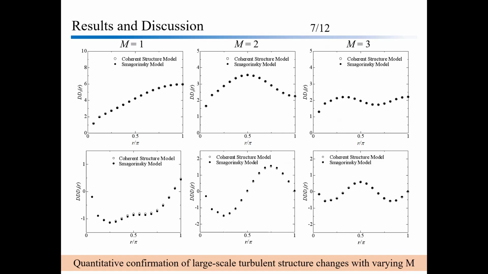The two AGS models show quantitatively similar second order distribution. Third order function matched at small distance but differ at larger ones. These results indicate that large-scale turbulence structure were different.